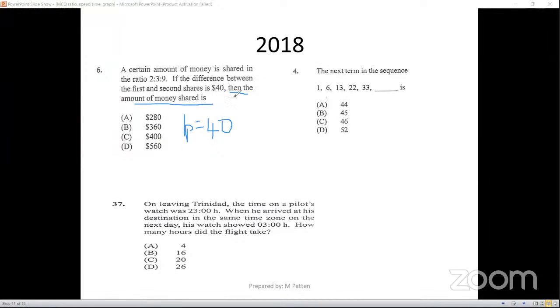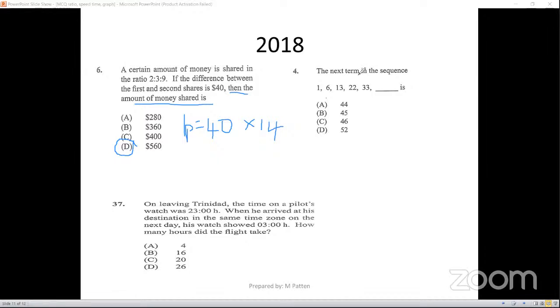If 1 part is equal to 40, 40 times what? 11 plus 3, so 40 times 14. 40 times 14 is 560.